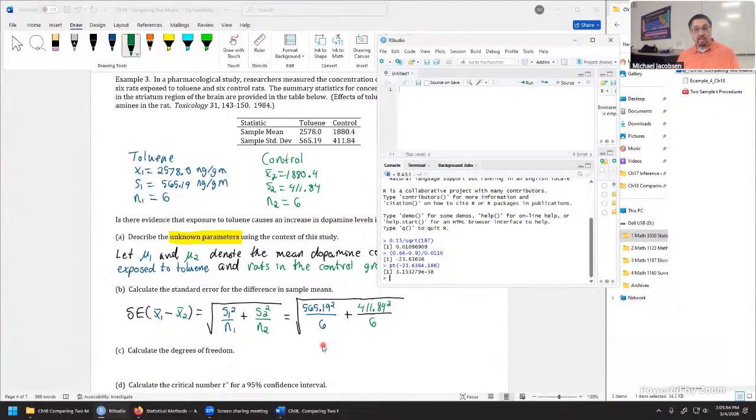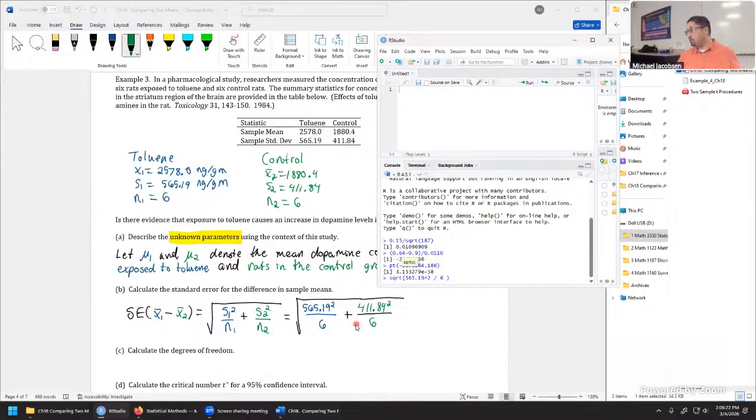So here's how I would type it in RStudio, which is similar to what it would look like in a scientific calculator. SQRT, your calculator might print out a square root symbol. 565.19 power 2. Then when I go to divide by 6, I'm not dividing the exponent. The calculator is going to follow order of operations, square first, then division by 6.